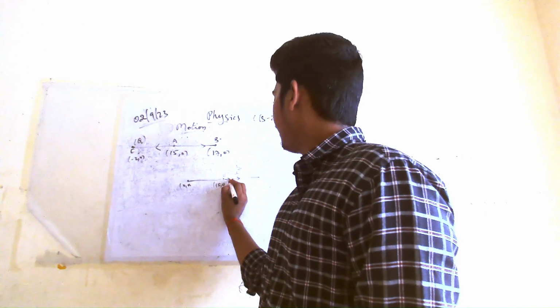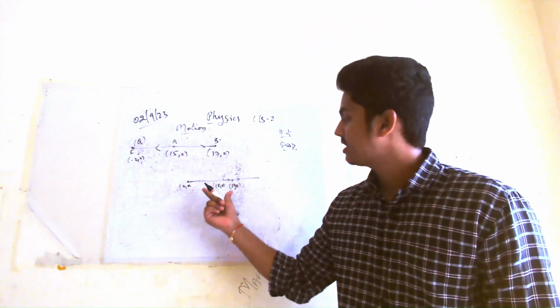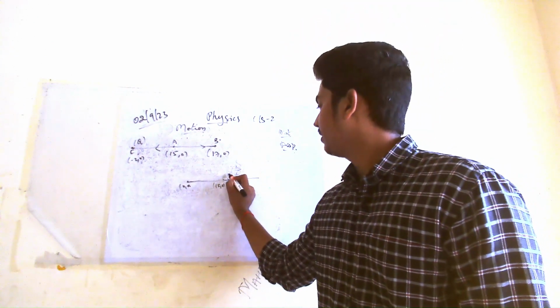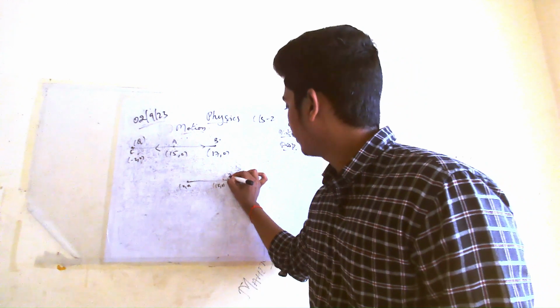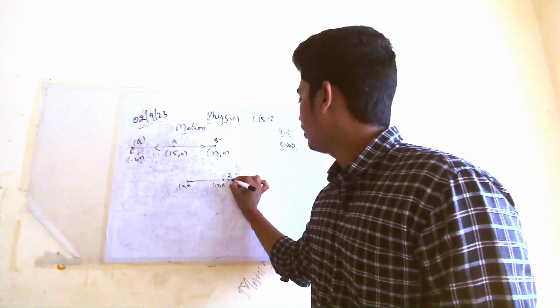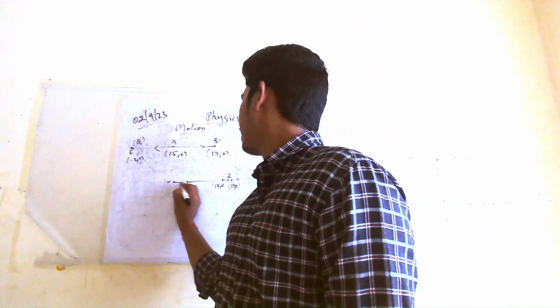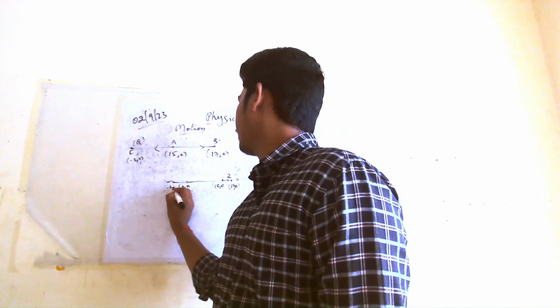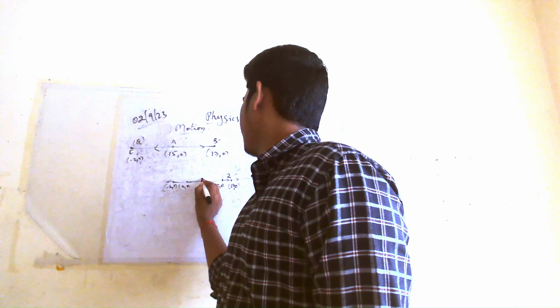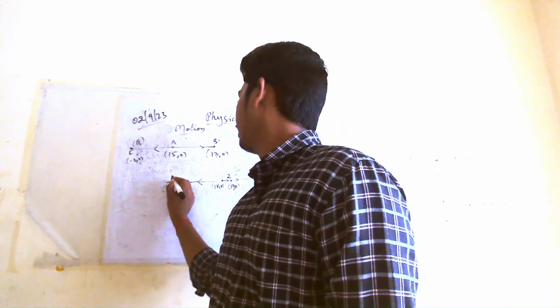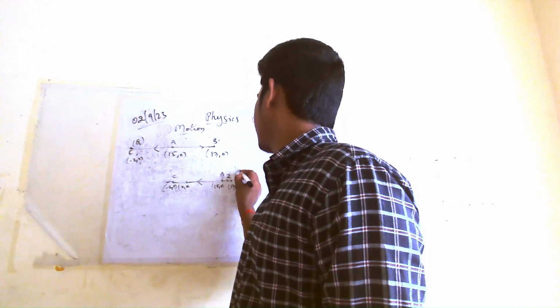It is traveling 2 units, yes, because the distance is only 2 units, right? It is traveling 2 units, and again it is going back, that is minus 2 units from origin. It is coming backwards here. This is C, this is A.